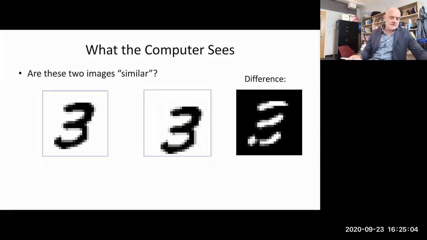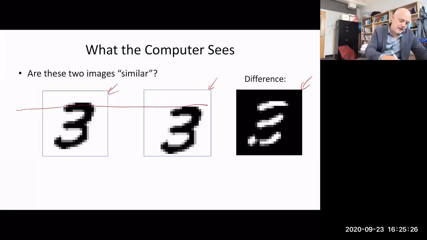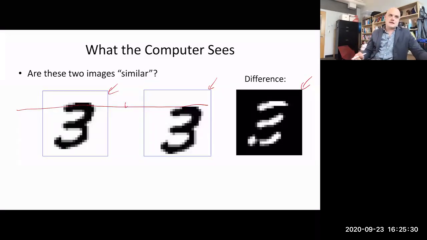If you think of this as a vector living in a 768 dimensional space, and this one as living in the same space, and then we take the difference of those vectors and smash it back into an image, the difference is actually very, very large from the computer's point of view. The computer doesn't know that if you shift the 3 down ever so slightly, it remains exactly the same.